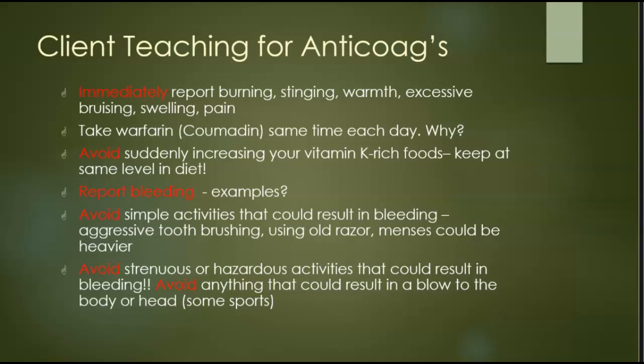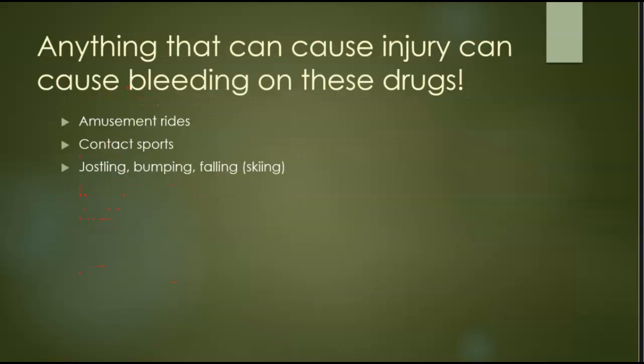A woman's menses could be heavier, so we would want to assess for that as well. We would want to have them avoid strenuous or hazardous activities that could result in bleeding, and anything that could result in a blow to the head or the body. So here's some examples of those things.